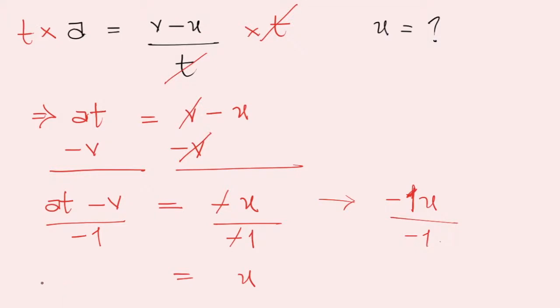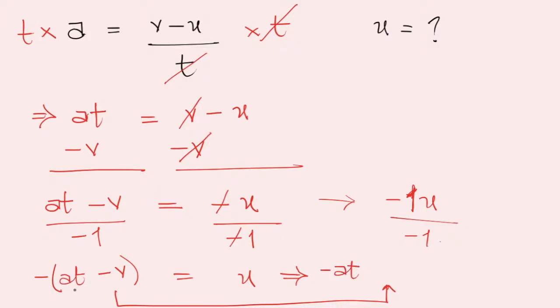And what we have here essentially is minus AT minus V. And this becomes, if we spread this minus over the constituents of this bracket, we have minus AT, minus times minus becomes plus V, which is the same as U equals V plus AT.